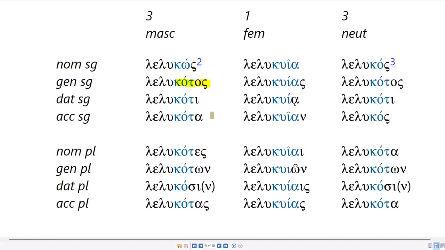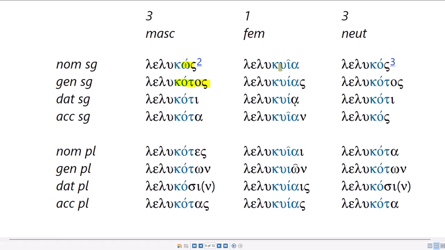The tau here for the nominative singular drops out and the omicron lengthens. Other than that, it's pretty normal.